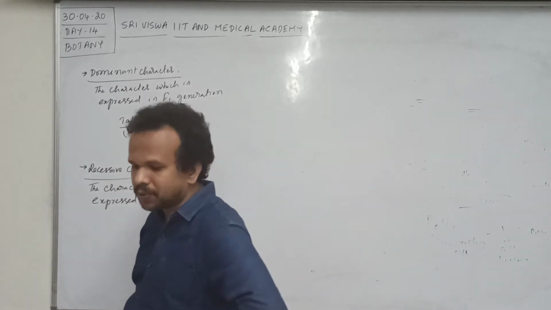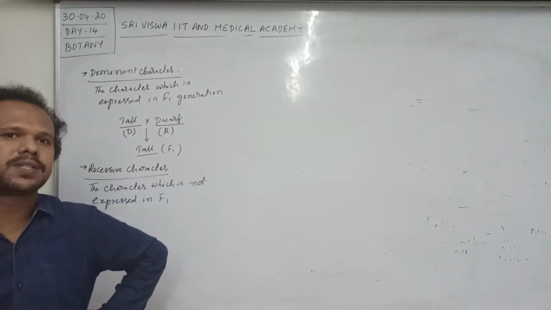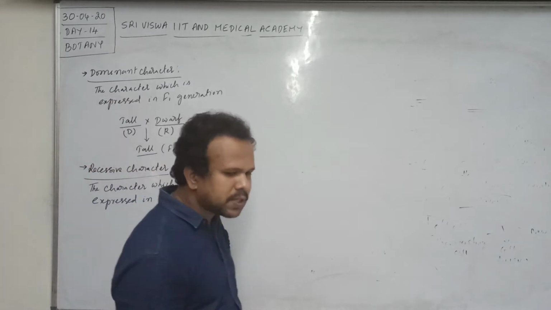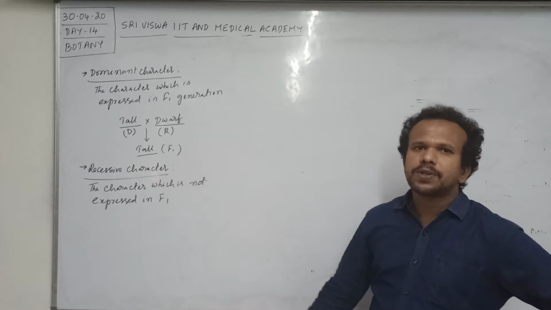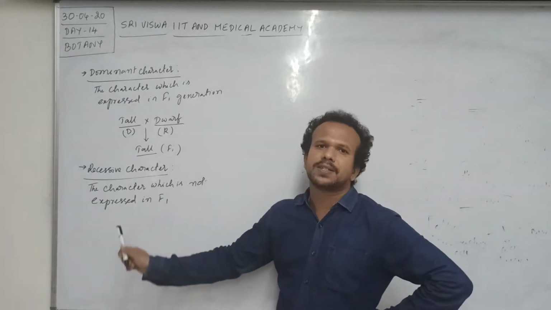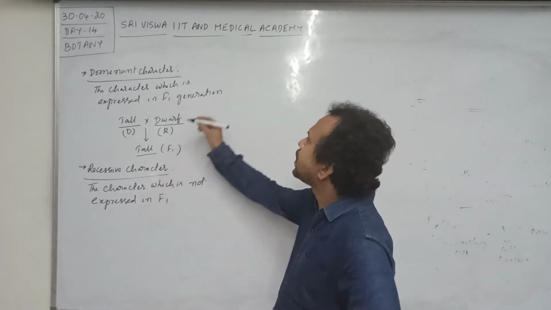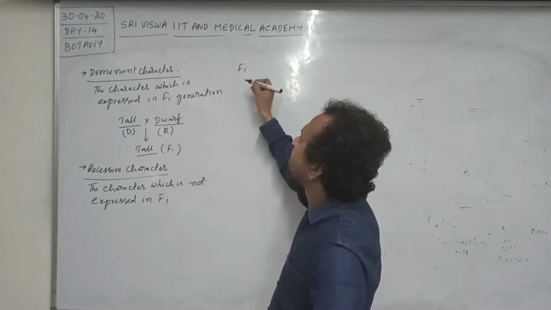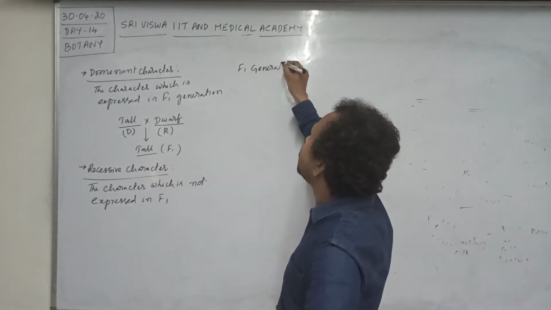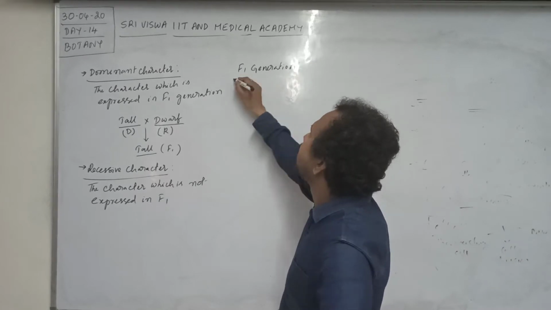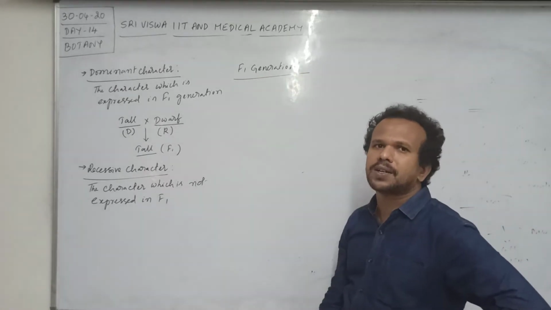Very important term. What is dominant character? What is recessive character? The character which is expressed in F1 is called dominant, and the one which remains suppressed is called recessive. At the same time, consider another very important one, F1 generation. What is F1 generation?